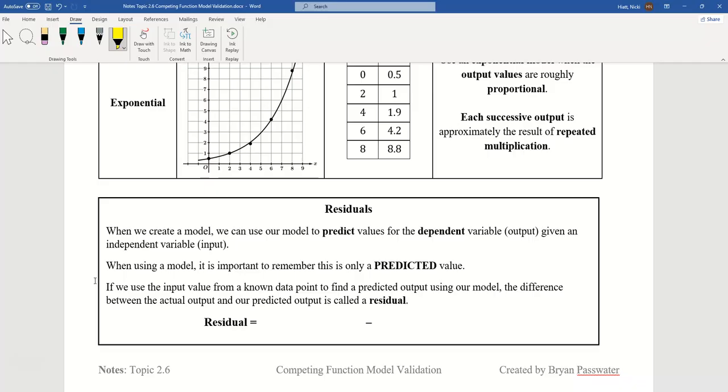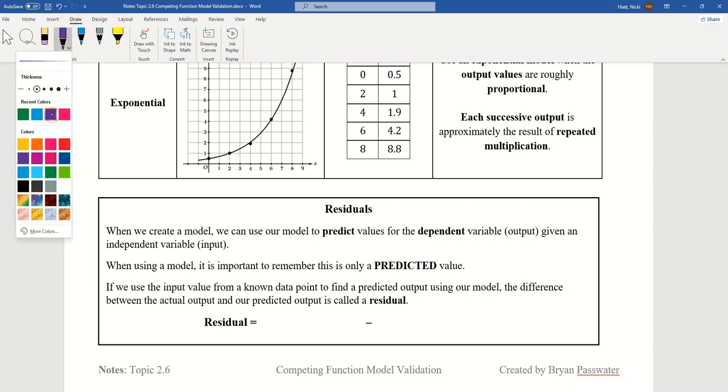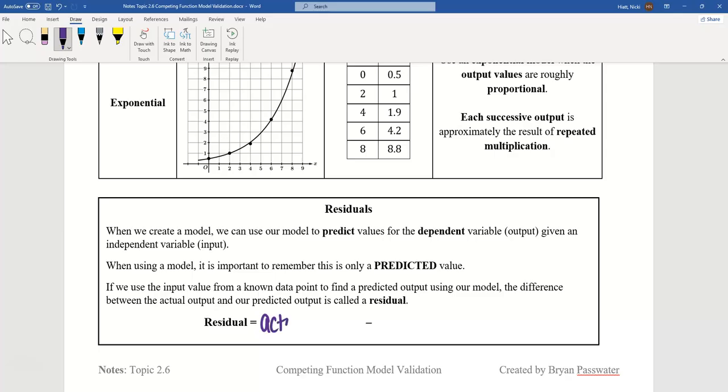So if we are going to look at residuals, residuals are the actual output minus the predicted output.